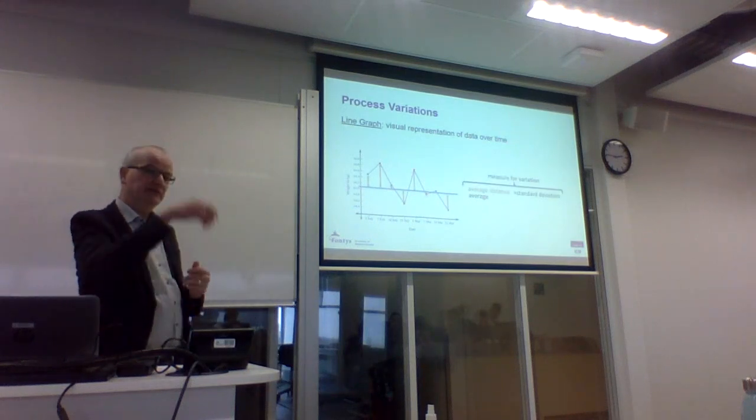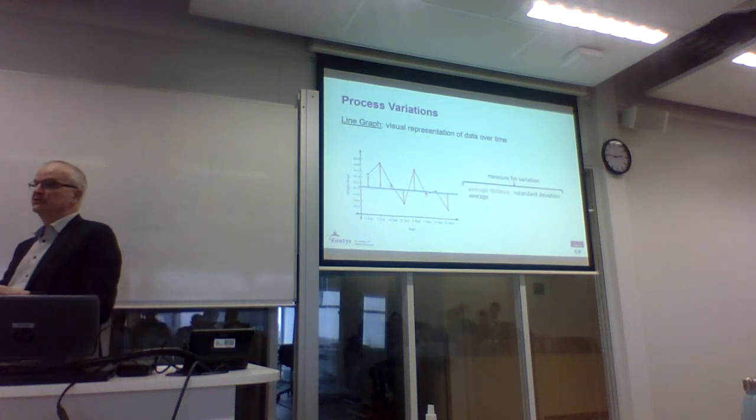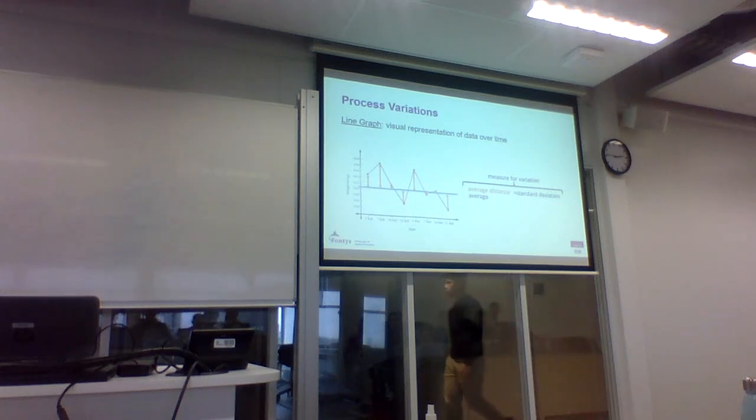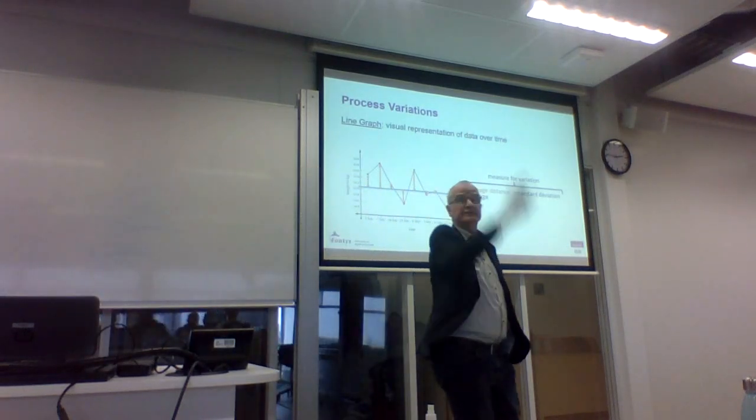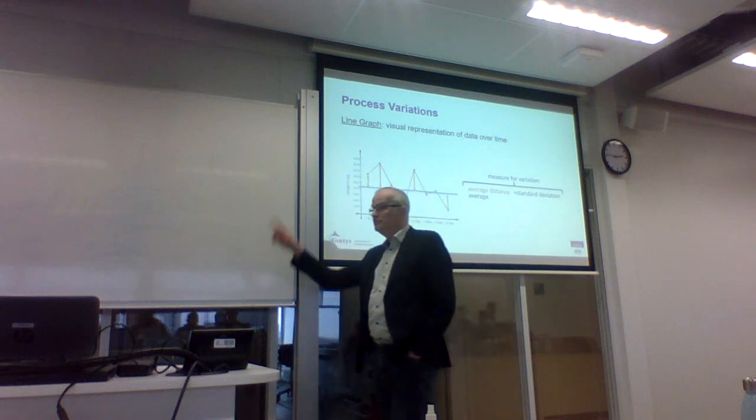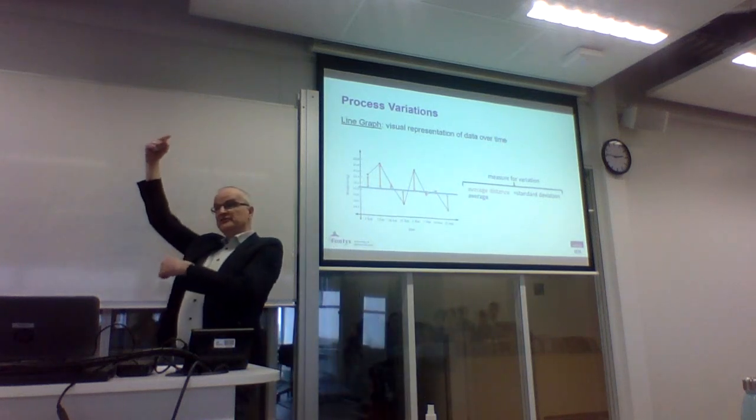See that? Every dot has a distance towards the average. I can check all those distances and I can calculate the average of those distances. The larger the average distance, the more variation I have, right? And the higher the peaks and the lower the peaks, the longer the average distance is going to be.